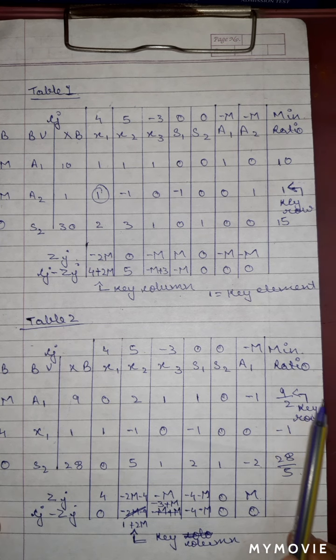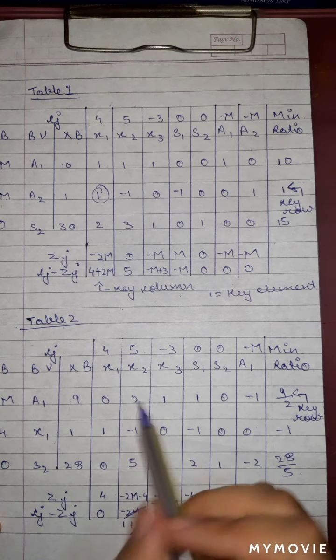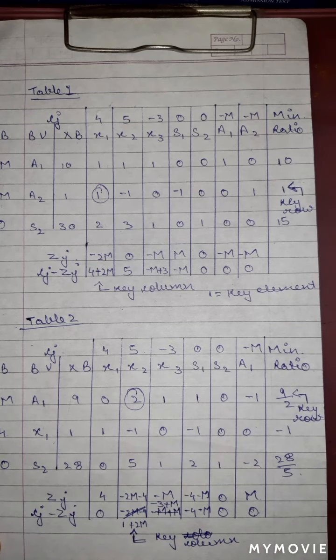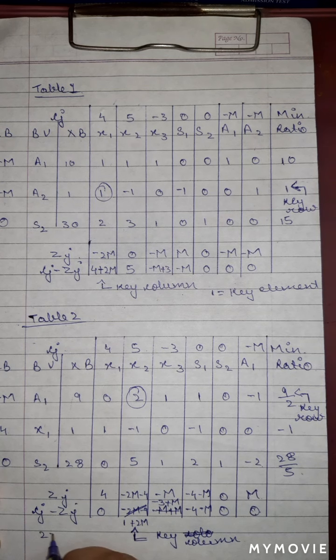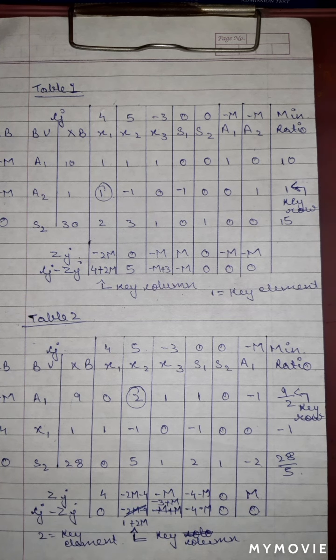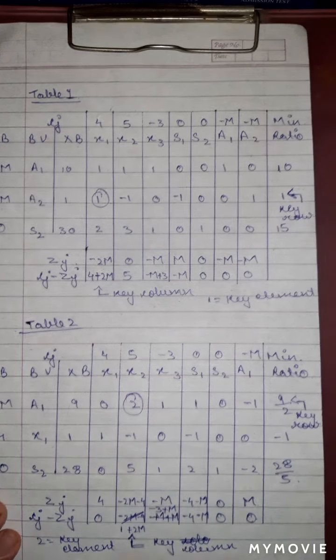Now where the key column and key row are intersecting, this is our key element. Now we are going to construct table 3 with the help of table 2.